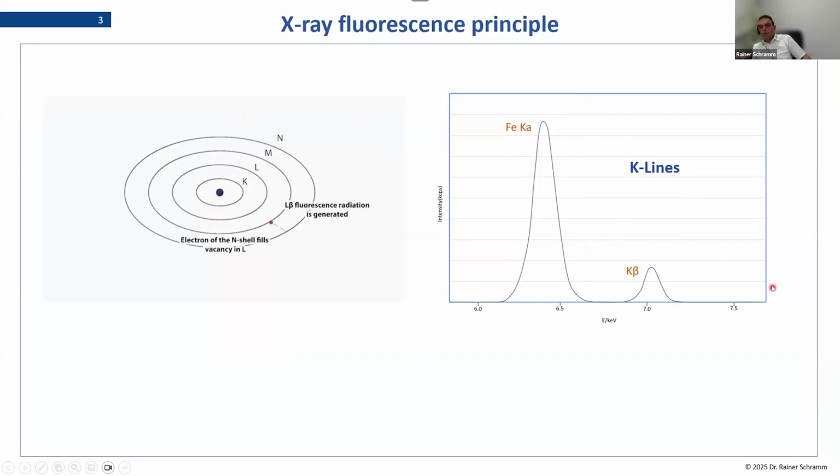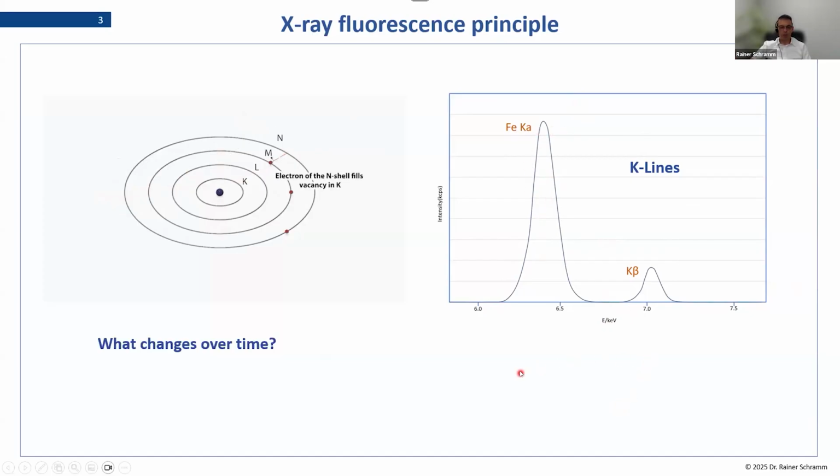And this is what we then call count rate or intensity, and we take for calibration. And so that means when we see a drift, that would mean that this signal changes over time. And we would like to use the drift correction, to keep control of this change. And this is what we will talk about.